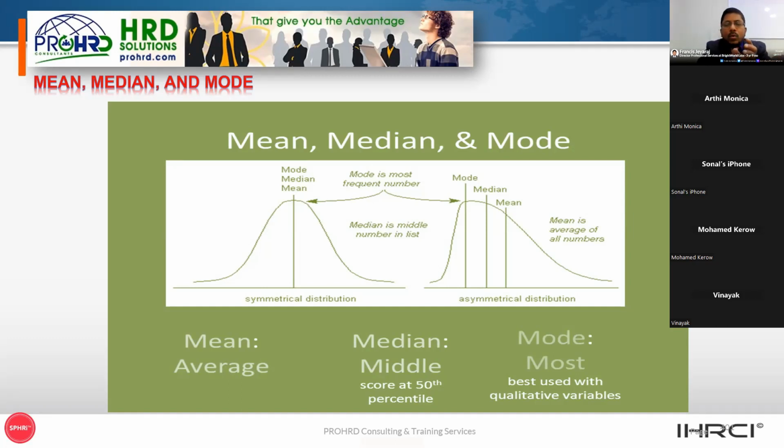Then you divide. I'll tell you now: if there is an even number of data points, you pick the two middle numbers, add them together and divide by 2. That number will be your median.